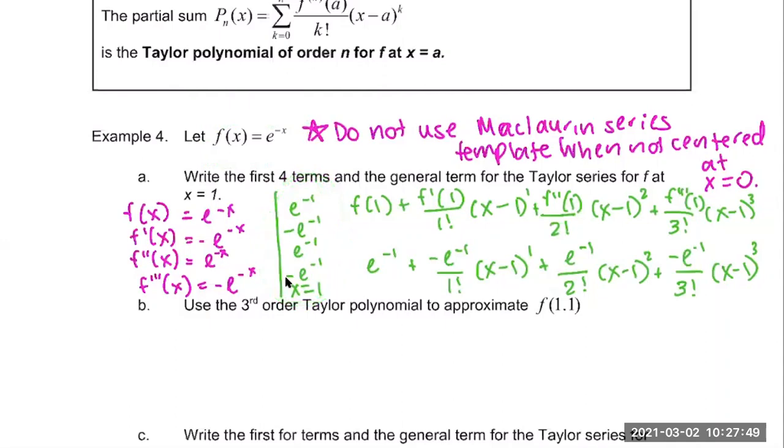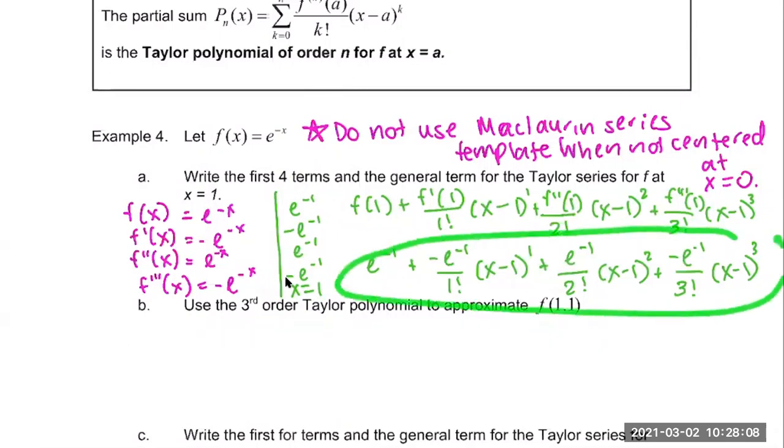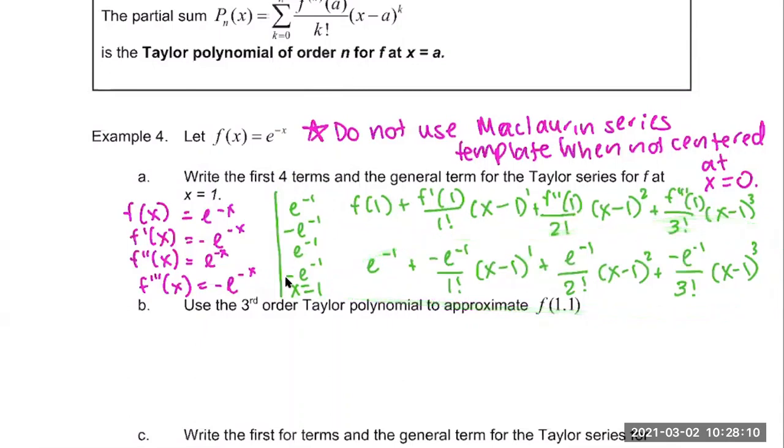The thing to keep in mind is that if they want you to use it to approximate something, if all you have is the series, you're just going to take that 1.1 and input it into all your x's. In this case, they want an approximation using the 3rd order polynomial that you just came up with. So that would be this one, and plug 1.1 into all your x's.